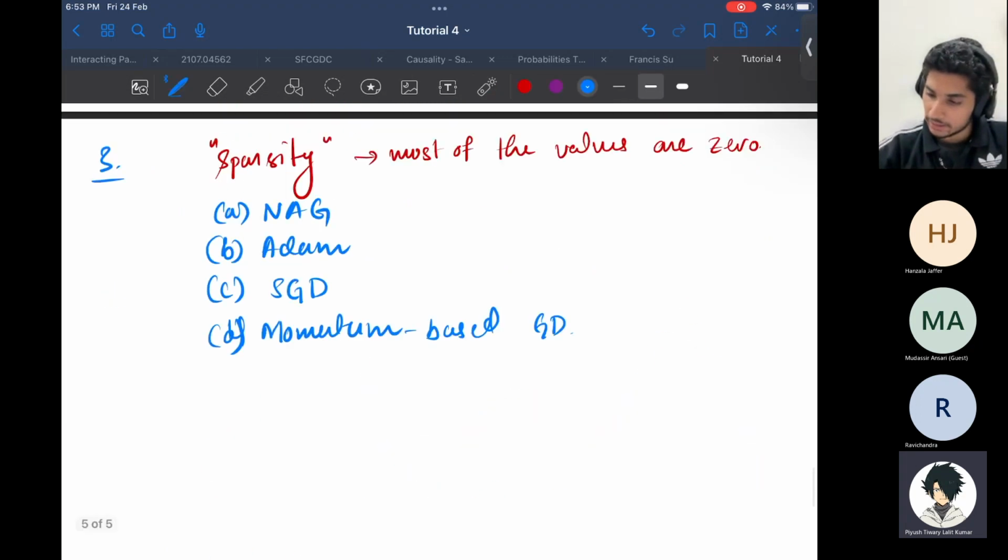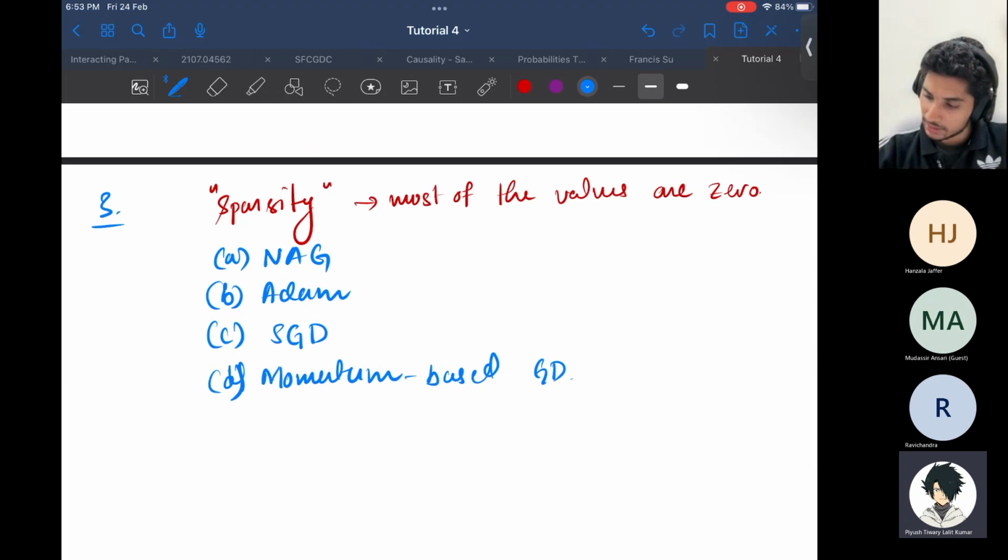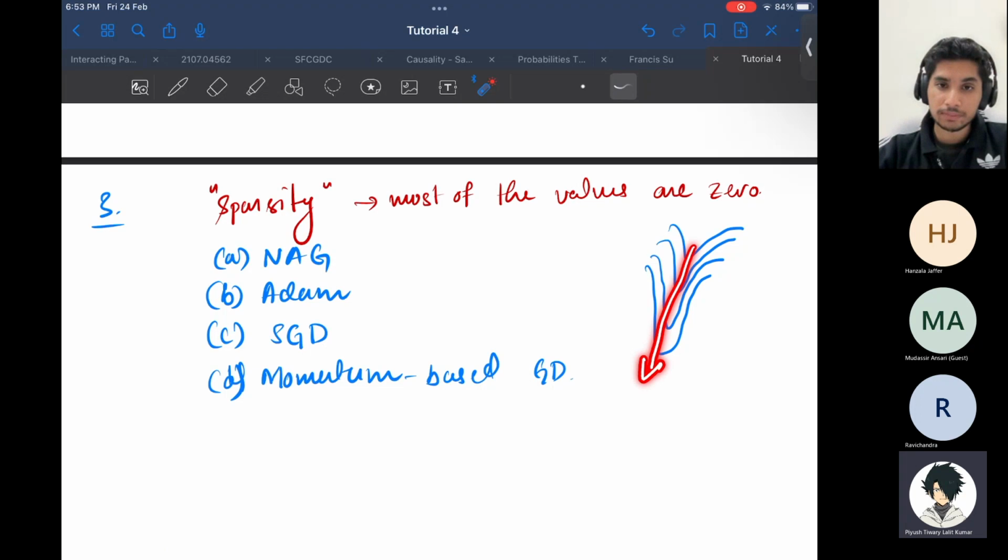I cannot draw that diagram, but if you remember, if your valley is very sparse, your valley goes something like this, where the ideal direction should be like this. This is how you should have descended. However, if you use other algorithms, they will keep bouncing on these walls. Something like this will happen, and your convergence will be very slow.